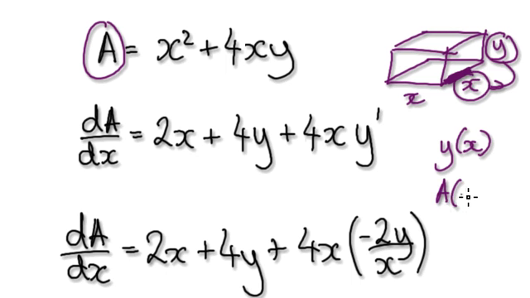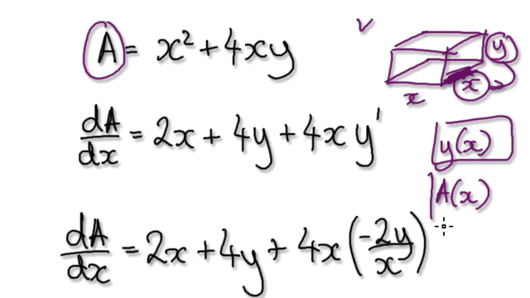So really, A is also a function of x. V wasn't a function of x because V is always fixed. V doesn't really care as you vary the x. Now, as you vary the x, y reacts to it, and the area also reacts to you changing the x. So A is a function of x.